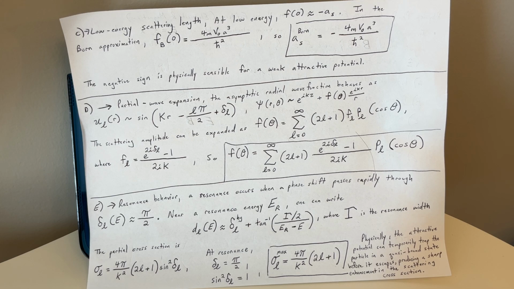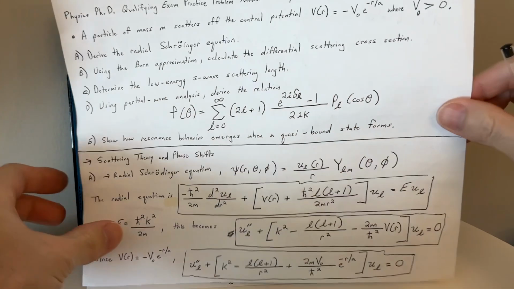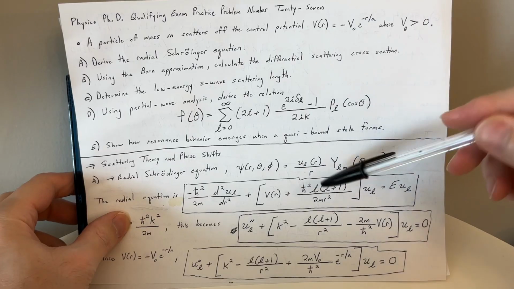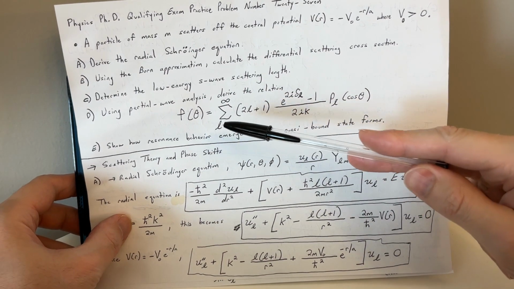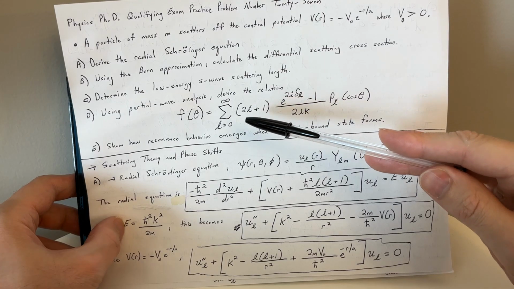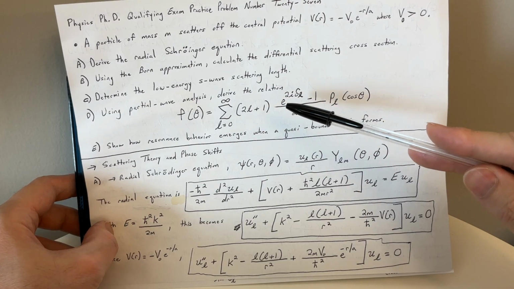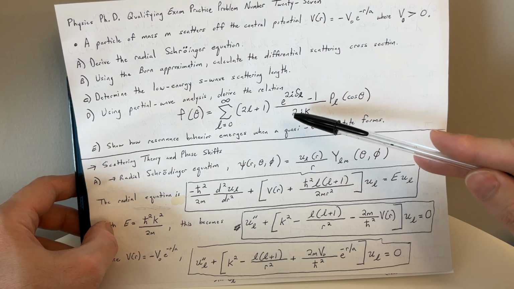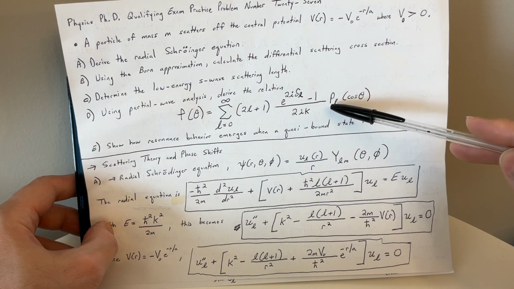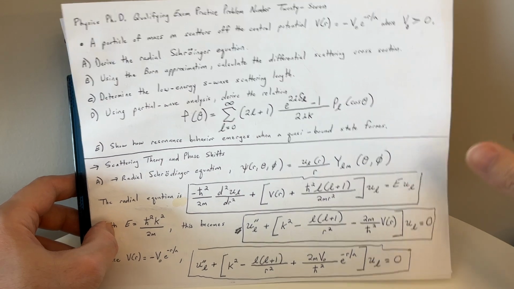For part D, they want us to use partial wave analysis and derive the following relation: f of theta equals the sum L equals 0 to infinity of 2L plus 1, times e to the 2i delta sub L minus 1, over 2ik, times P sub L cosine theta.